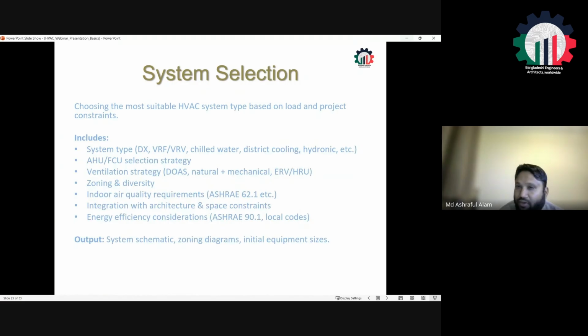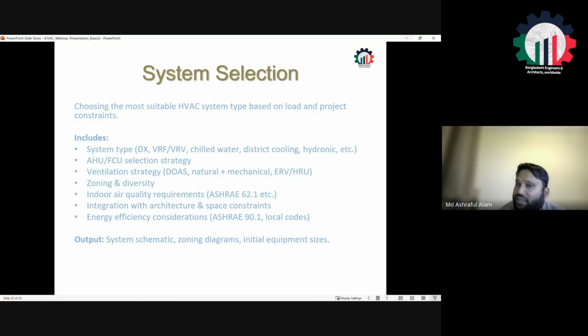And sometimes for big areas, a district cooling system is also used, where instead of individual building-wise chillers, the chilled water is supplied from a district cooling plant to the individual buildings, and within the buildings it is distributed through a heat exchanger.